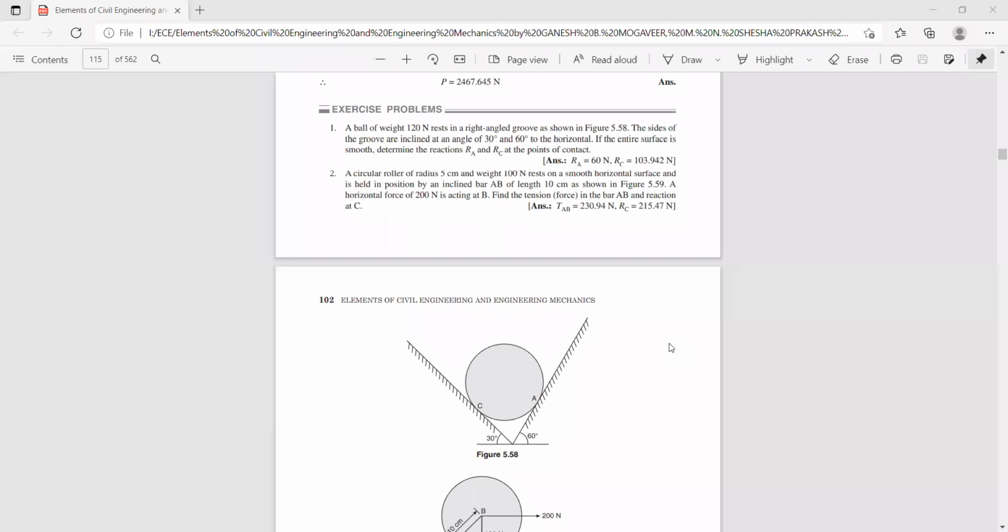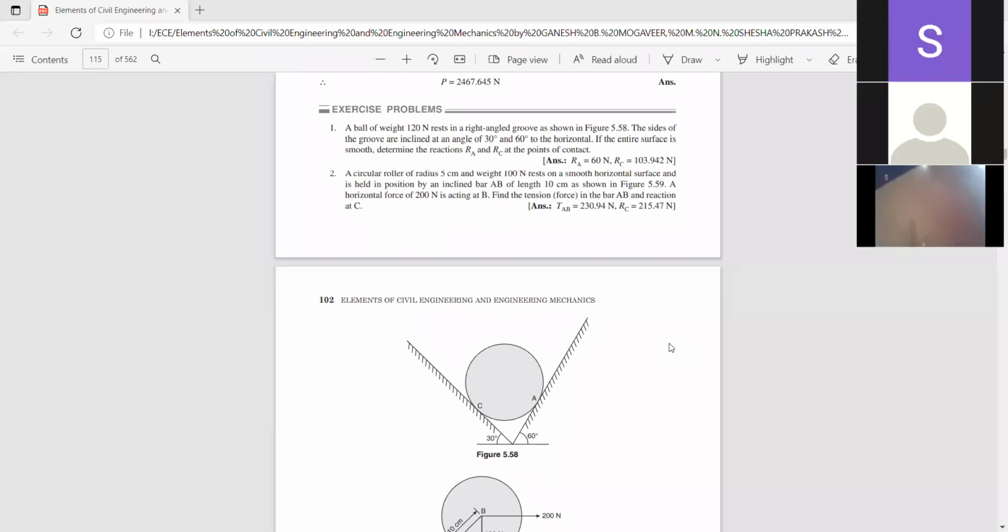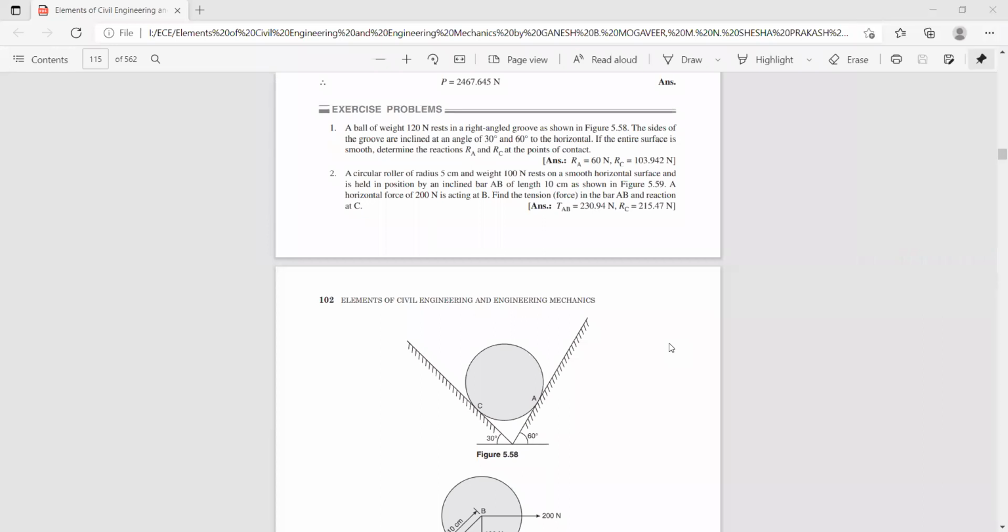Hello? So RC is 1.73 times RA, correct? Yes, sir. RC is equal to how much? You require time to just tell the answer. So RC is equal to 1.73 times RA.